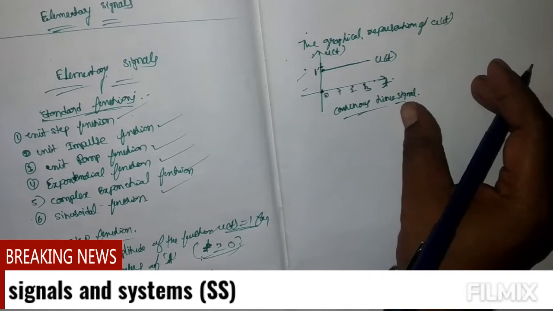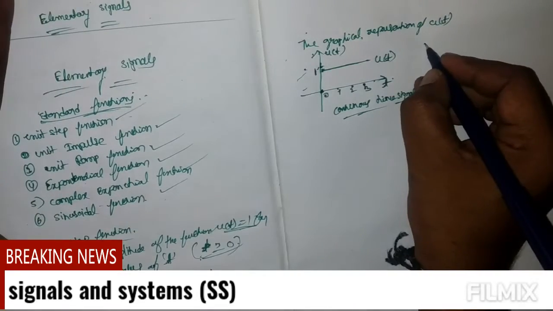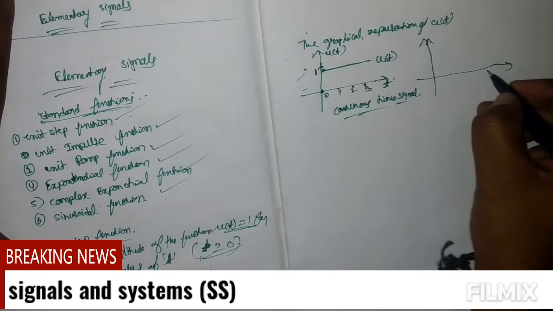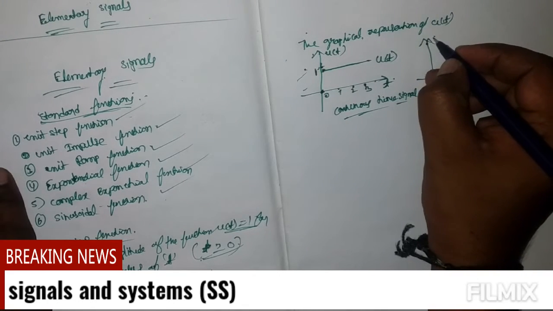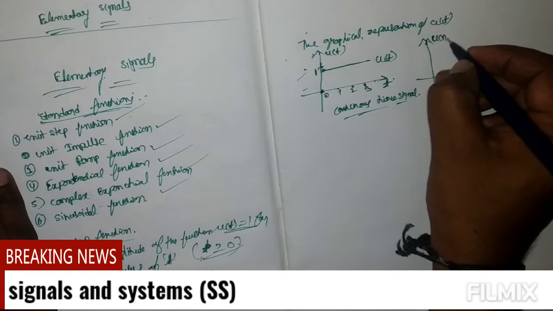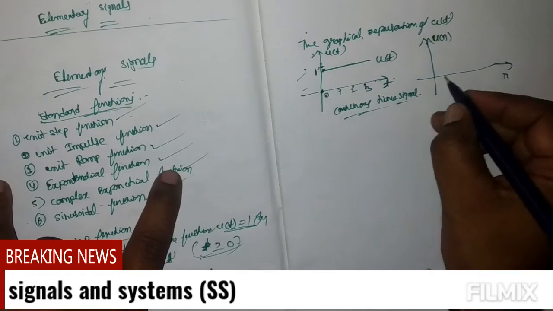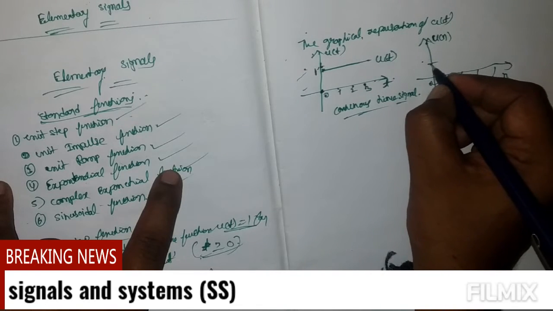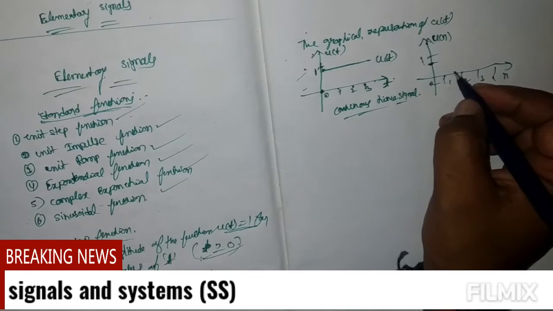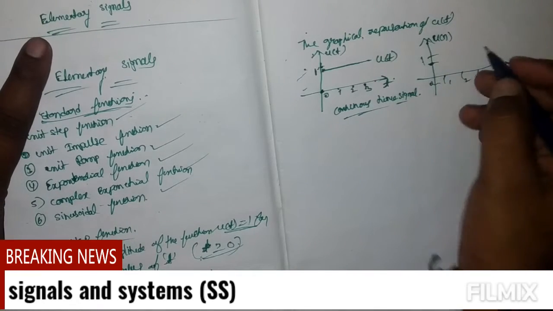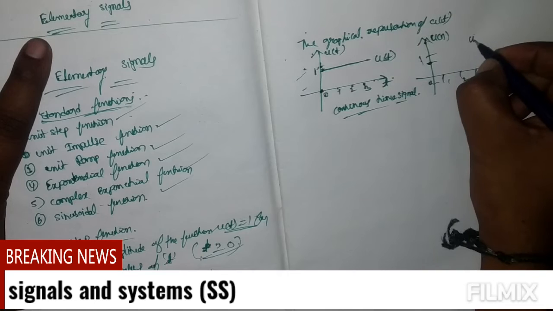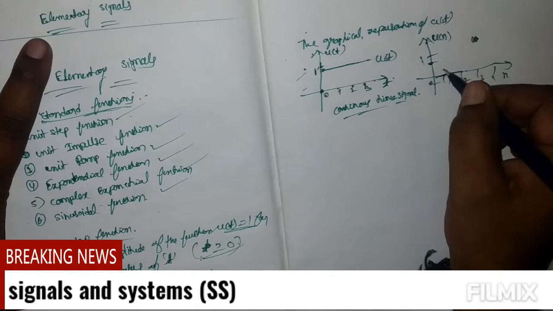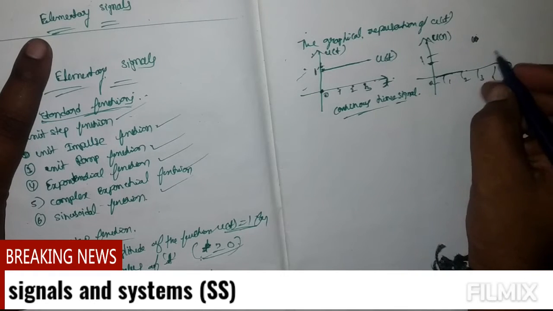For a discrete time signal, in this the samples are small n, and this is the unit step function u of n. For discrete time signals 0, 1, 2, 3 and so on, u of n equals 1 for all n greater than or equal to 0.